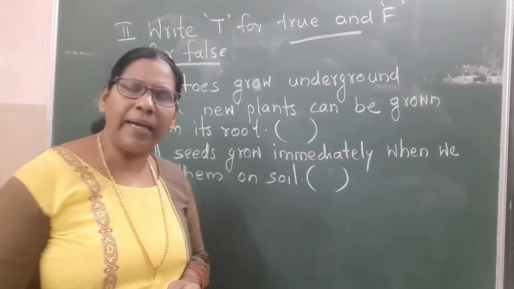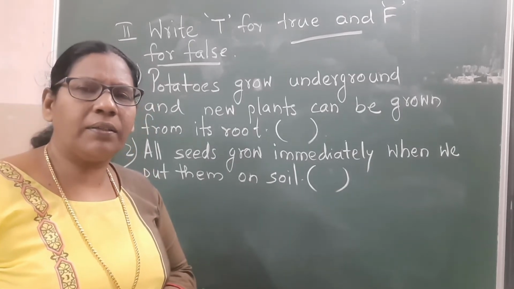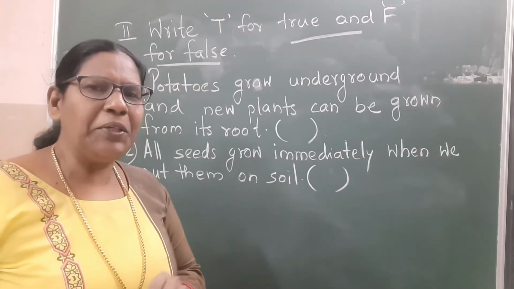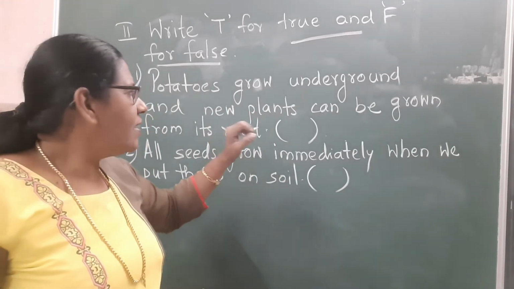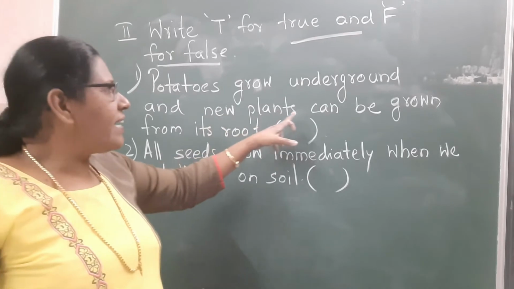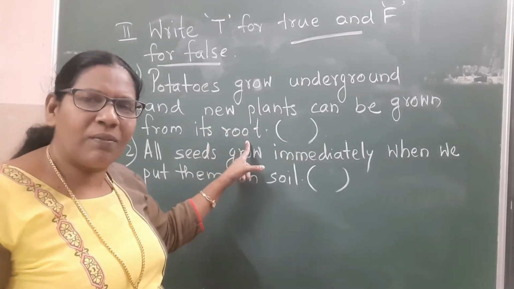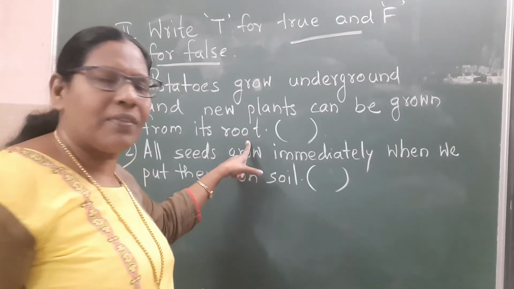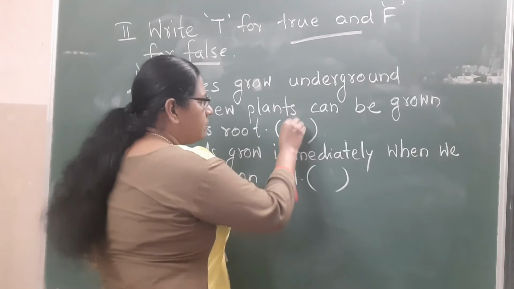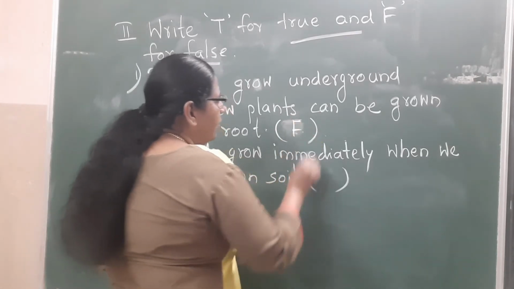Just now we learned that potatoes have buds on them. From the buds, the new plant grows. Here it says new plants can be grown from its root. It is false. New plants can be grown from the buds. This is false.